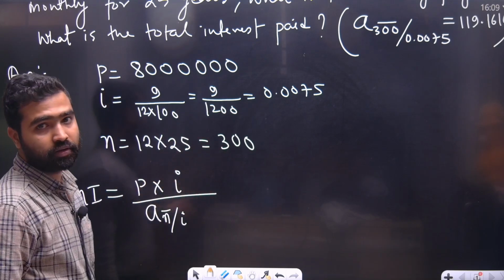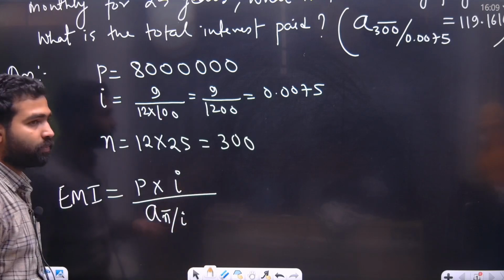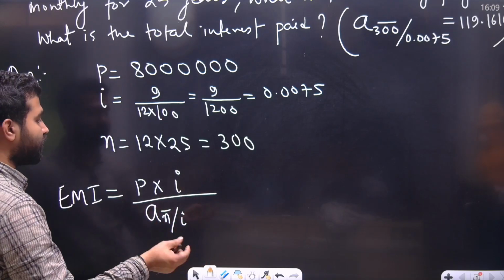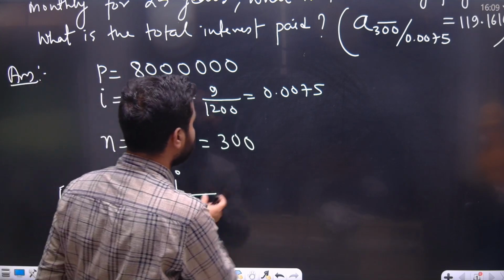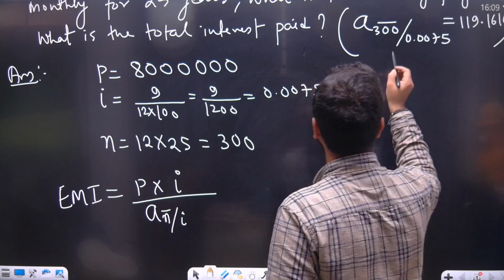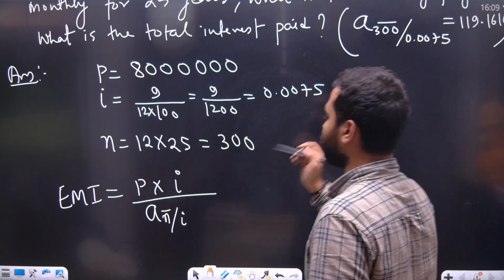Now we have divided the numerator and denominator by (1 plus I) whole to the power n. After that we reduce the formula into this form also, because the value here is given in the form of this. So we have to use this formula.